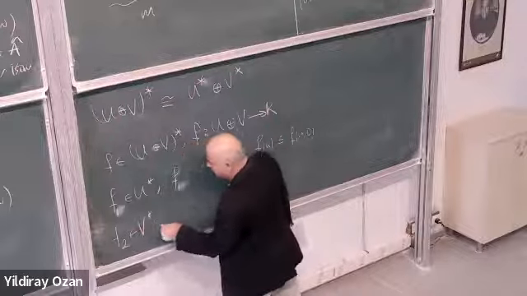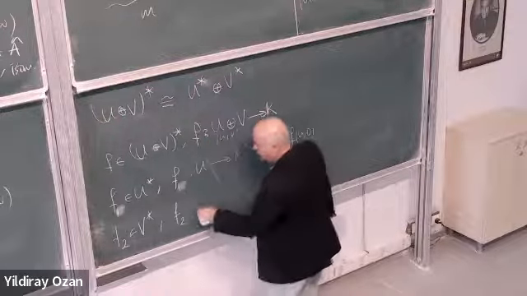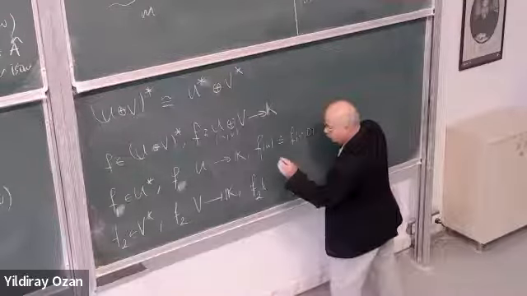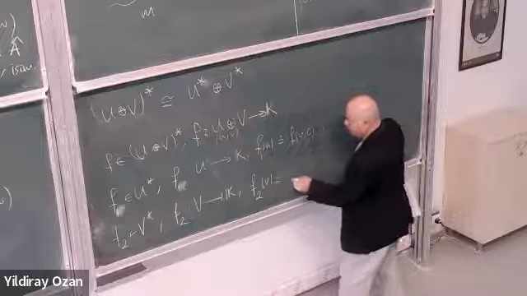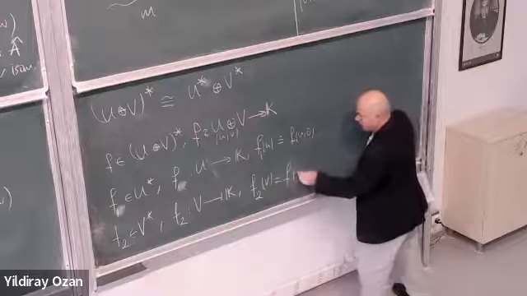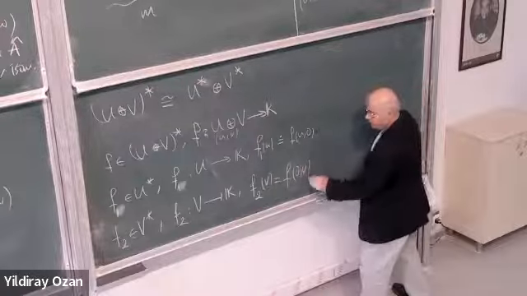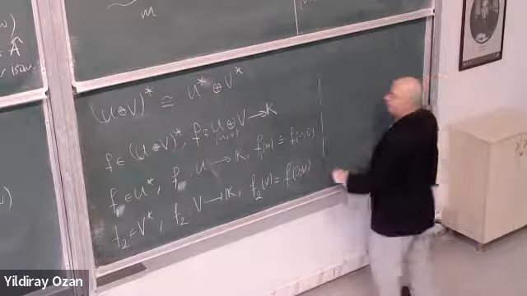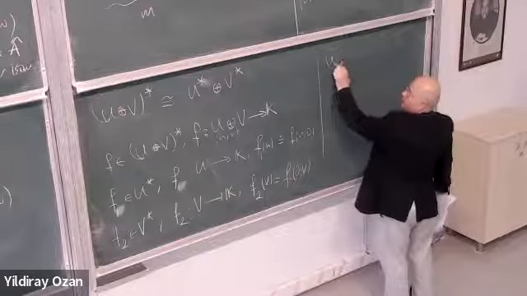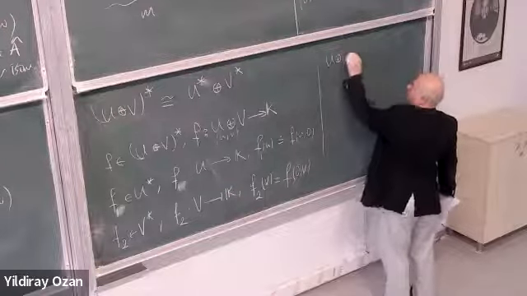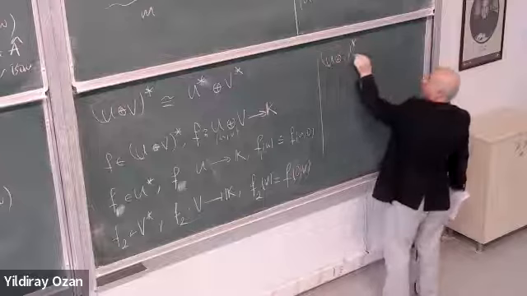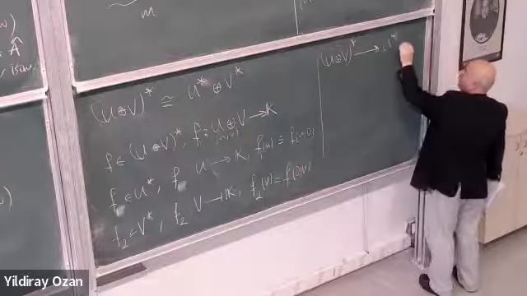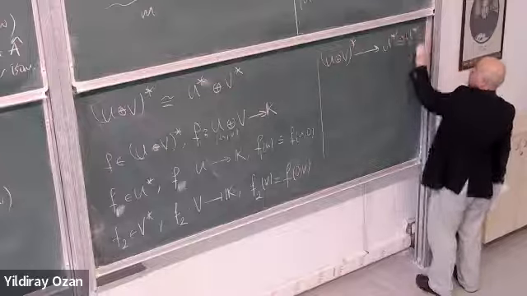F2 is defined from V to K. F2 at v is f at (0, v). Right? And then I define my map like this, from this vector space into the direct sum of this vector space.